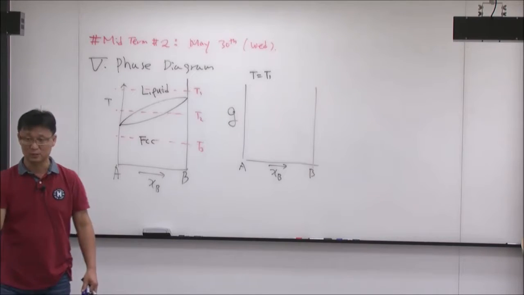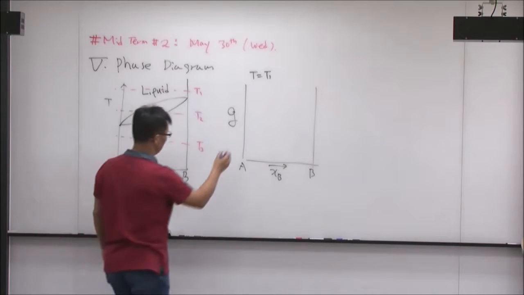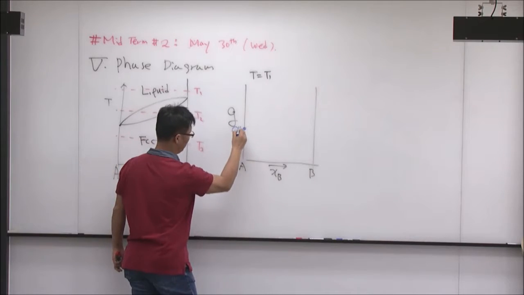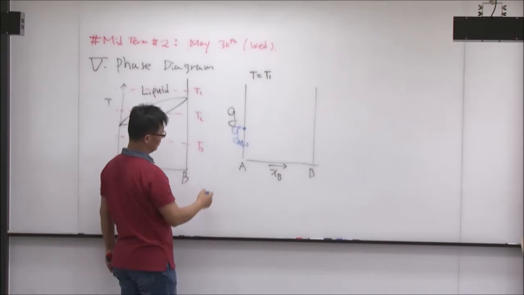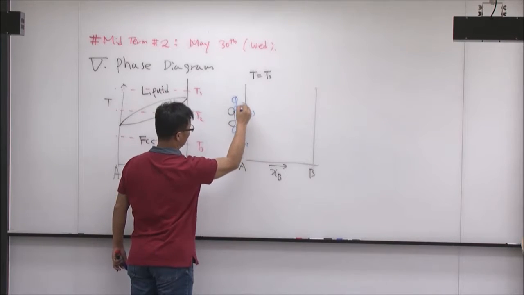Whenever a certain state is stable, that phase has the most negative Gibbs energy among all states of the species. So the Gibbs energy of pure A in the liquid state should be lower than the Gibbs energy of A in the FCC solid state.